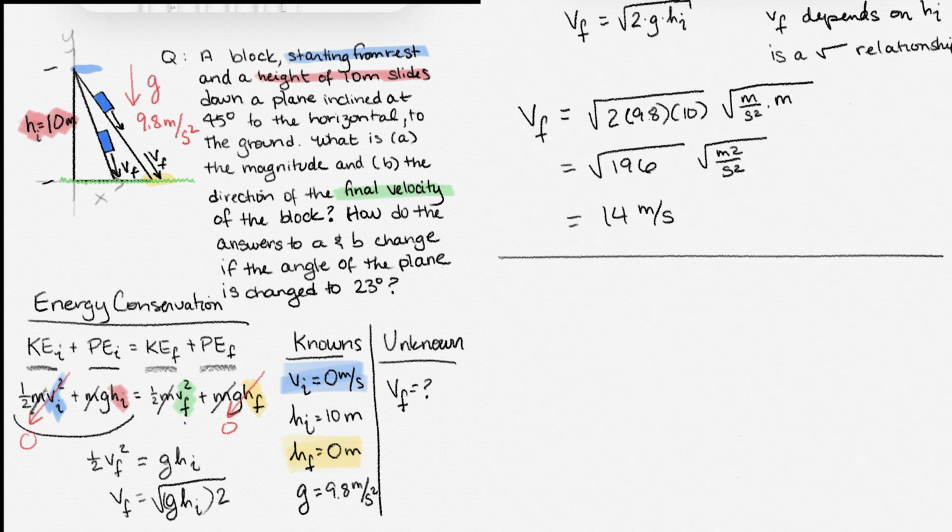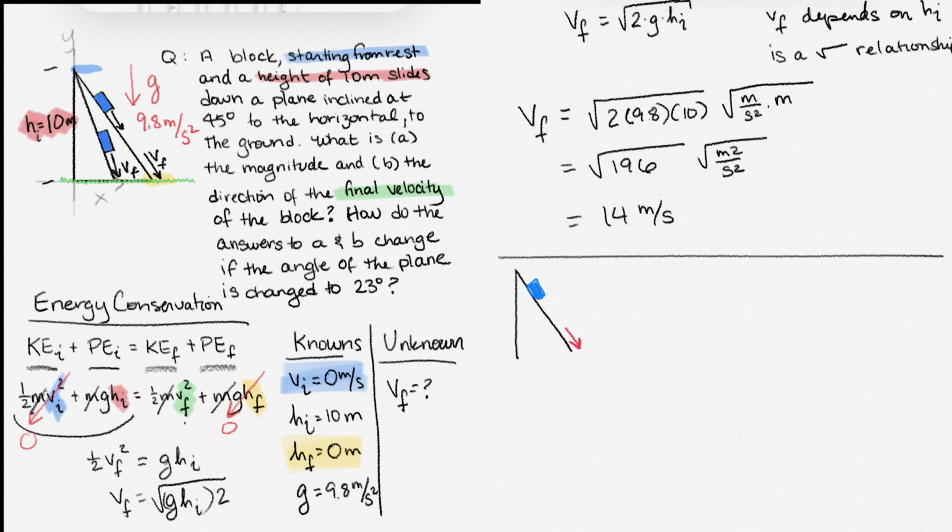The direction of our final velocity is found using the geometry. I'm going to re-sketch so that I can draw on a little bit of the plane here. So let's say we have a plane going down this way. Here's our block going down the plane, and we have our final velocity. I'll put that in red down here.